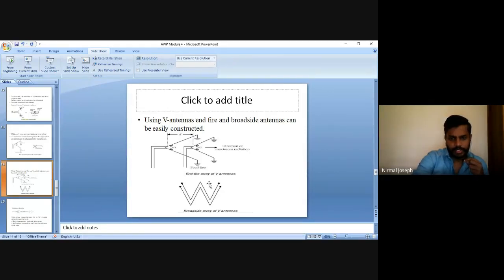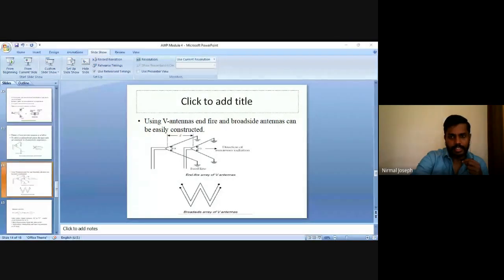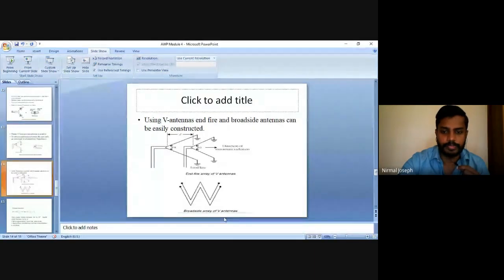It will fire towards this direction. The firing direction will be perpendicular to the axis of the array. So these are the end fire arrangement, and this is the broadside arrangement of the antenna.